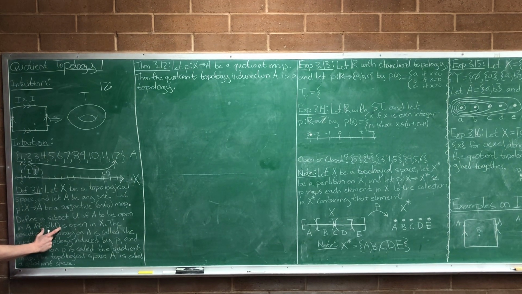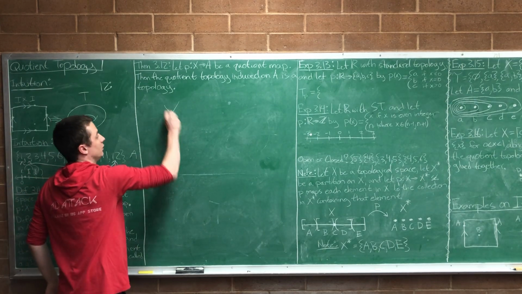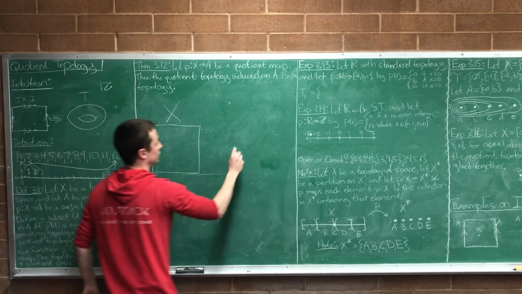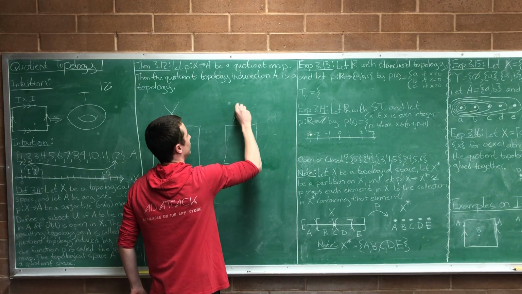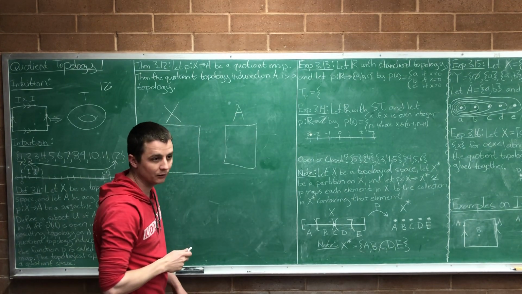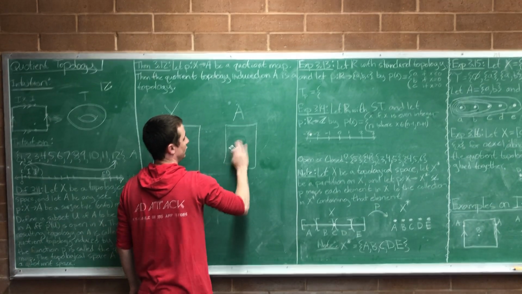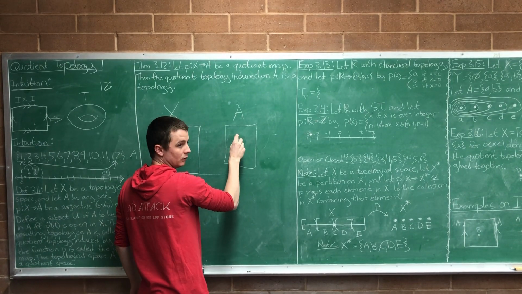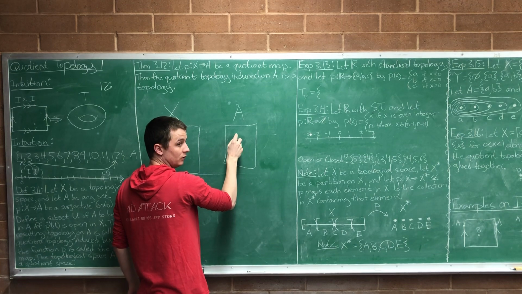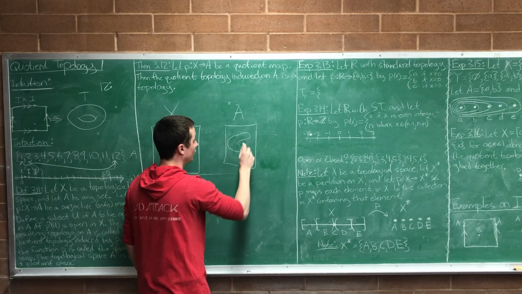The inverse, the pre-image of U, is open in X. Am I losing you on that one, or should we draw a picture real quick? Here's X. Here's A. Pick some subset of A, call it U.